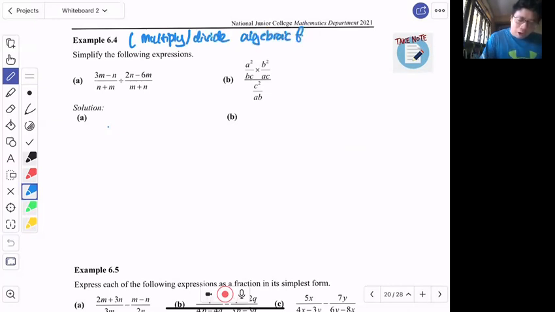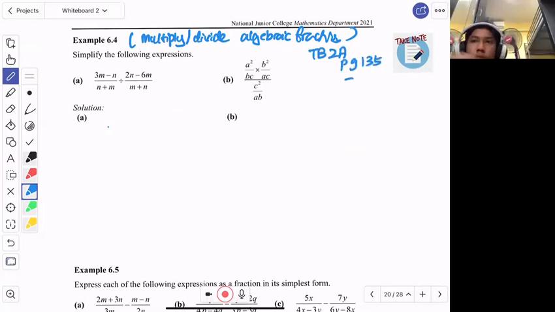If you are lost on this, one thing I find really helpful is you can go to the textbook 2A, page 135 to 136, and look at how they do the cancel.